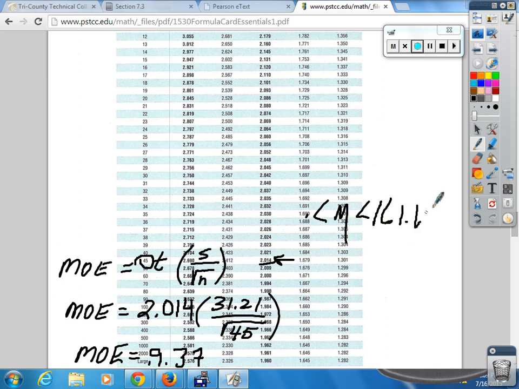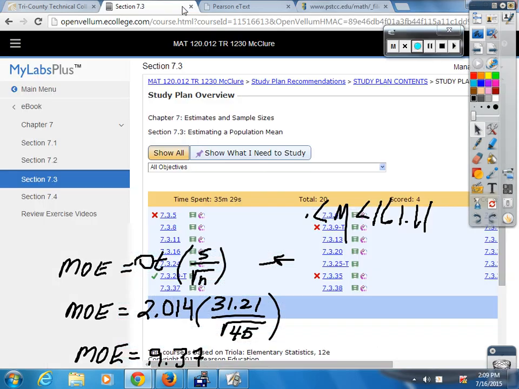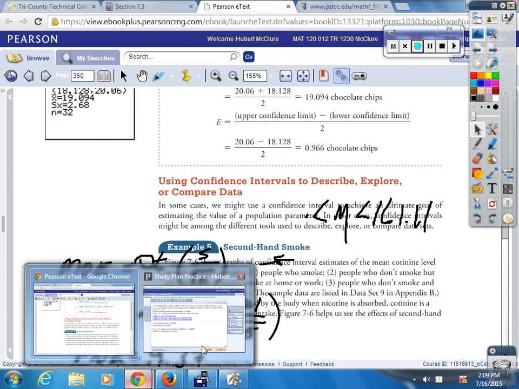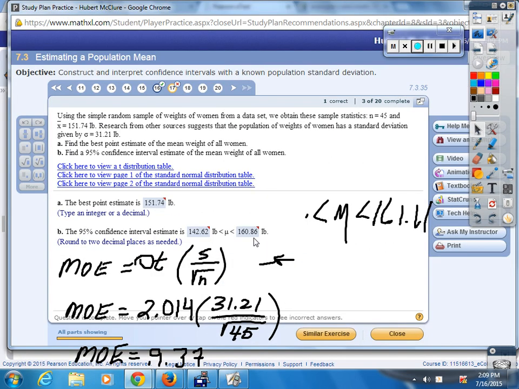Well, I don't know what's wrong then. What did they get? Hold on. Oh, I can't find the problem. We got something wrong. All right, take the standard deviation, 31.21, and divide.